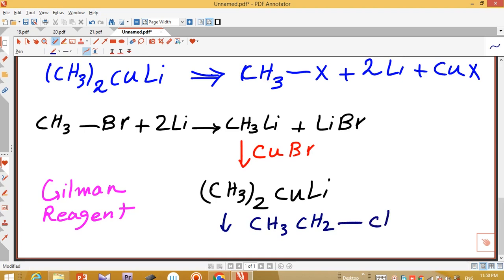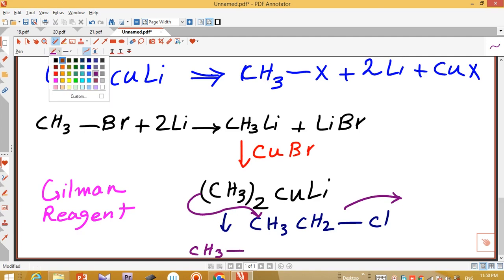Here methyl carbanion will attack from the back of ethyl chloride through SN2 mechanism that Zahra will tell you later, and chloride will leave the substrate from the front of that. So finally we will have one methyl that has been connected to ethyl.